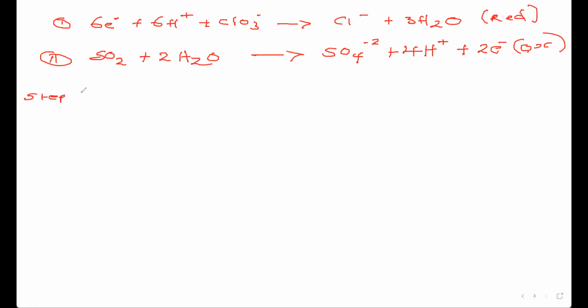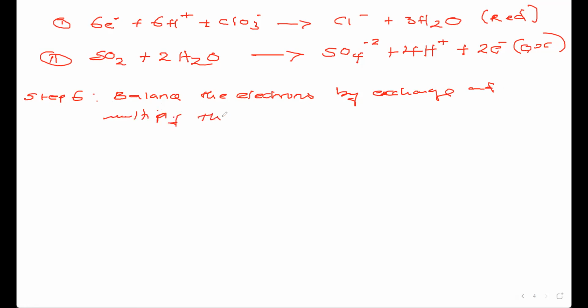Step number 6 is saying we need to balance the electrons by exchanging them and multiply the reactions.